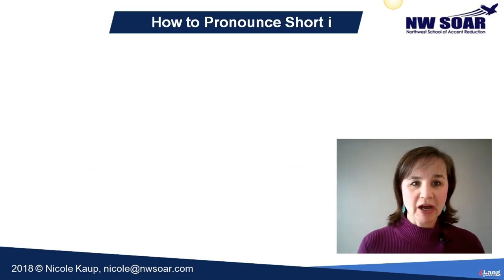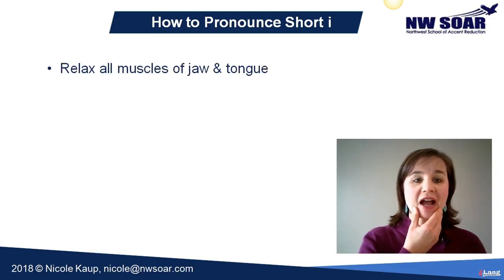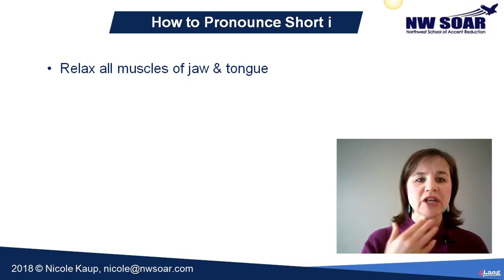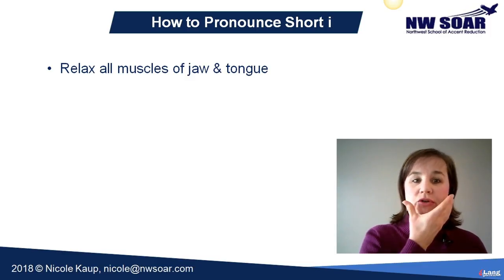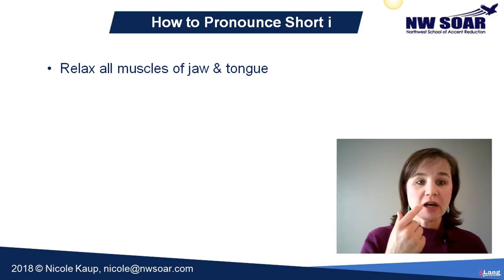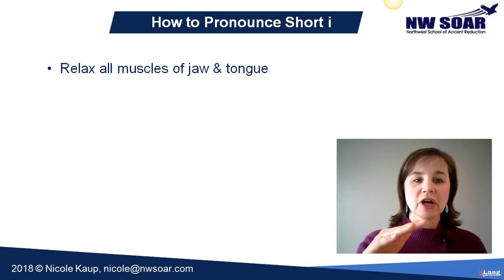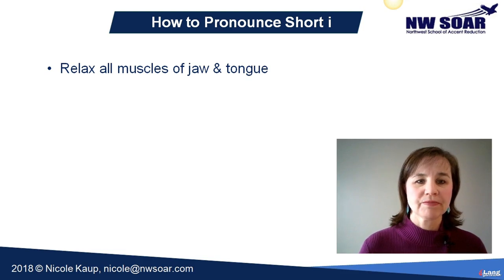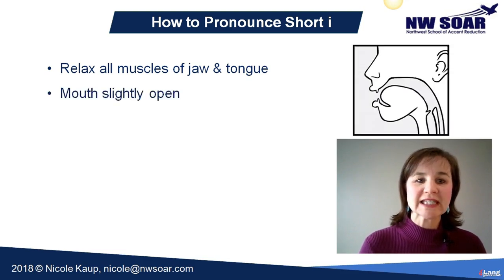So let's talk about how to pronounce the short I. First, I want you to relax everything in your mouth. All your muscles should be loose and soft, including your jaw and your tongue. Let your tongue just lay softly in the bottom of your mouth. I want you to open your mouth slightly, not a lot, just a little.